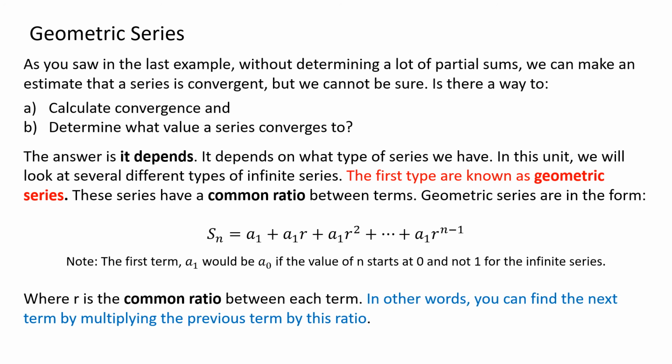The answer to that is, unfortunately, it depends. Okay, we're going to see a lot of different types of infinite series. The ones you've seen so far, there is a method to determine convergence.